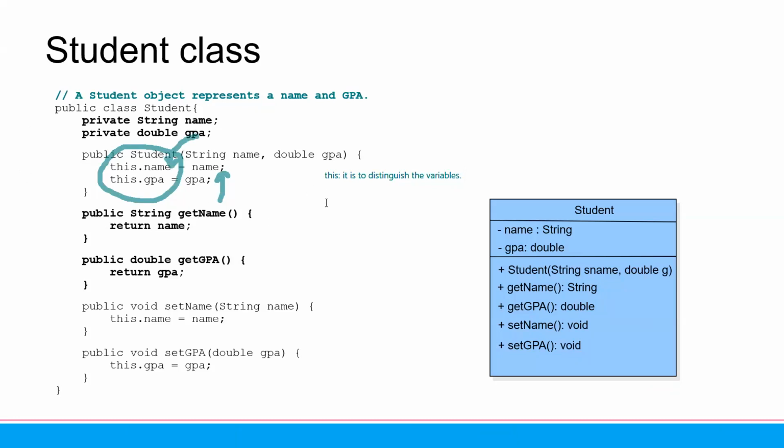The word this.name will be the instance variable, and the word name is the value from the argument. So you will have this name here in this variable, but this.name refers to the instance variable.